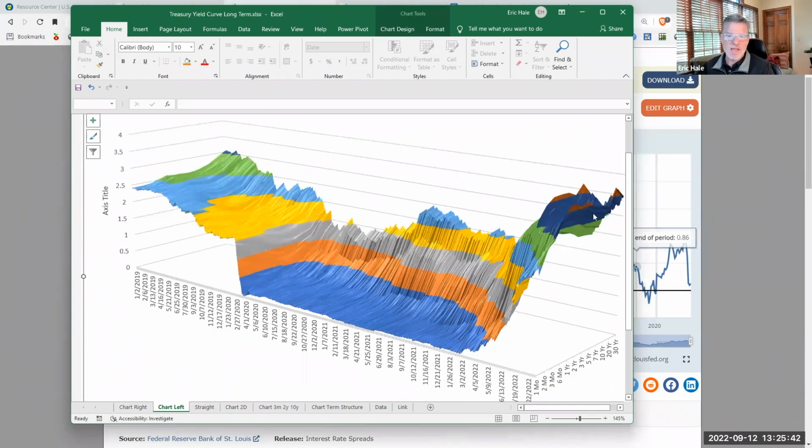That is definitely impacting the market. They were the biggest buyer. 25% of all outstanding treasuries are owned by the Fed, and those were all purchased in the past couple of years. So they were the market, and now they're no longer there, and that is causing some ripples throughout.